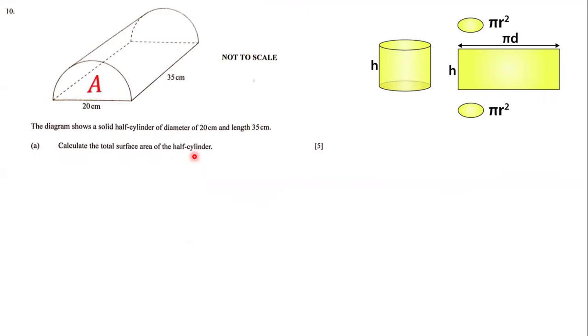And so let's first label this. So we have A, B, base, and C. Let's first figure out the area of the base. This is a rectangular base, so we're going to use length times width.